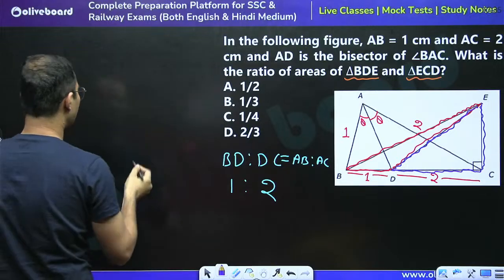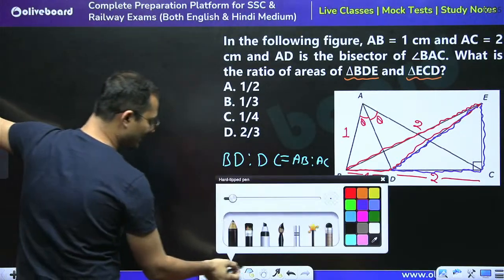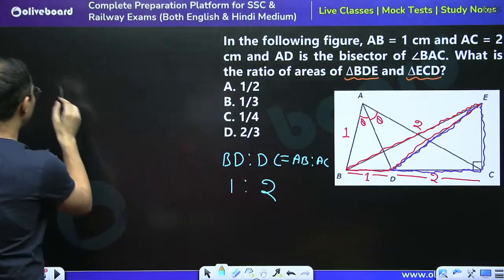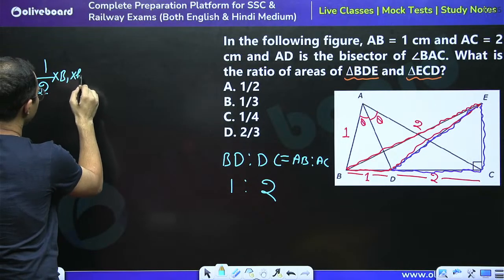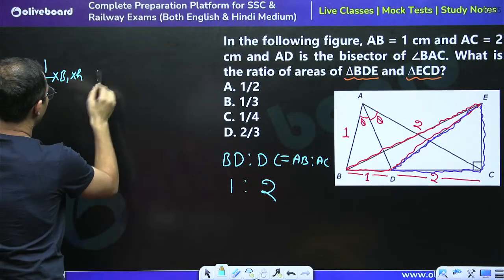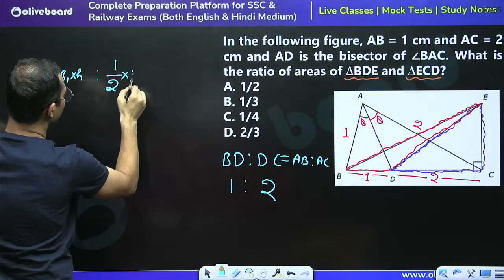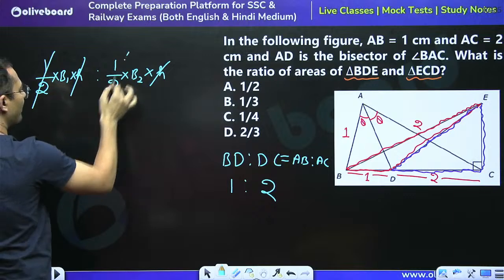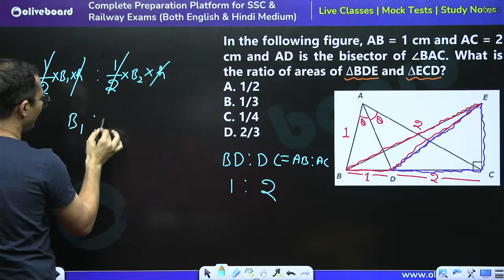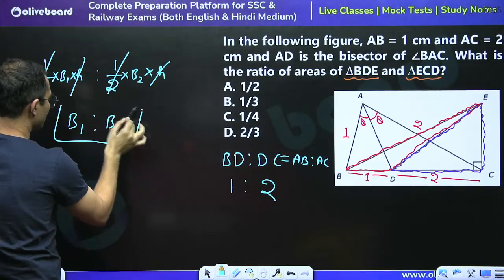If there are two triangles with areas 1/2 into B1 into H and 1/2 into B2 into H, their height is the same, right? The half cancels, so their areas are going to be in the ratio of their bases.